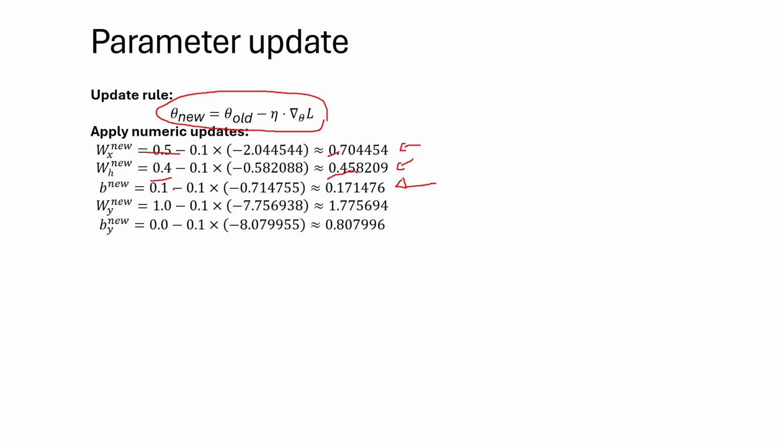The network is being pushed, so the output increases towards 5, because if we remember, the previous output was 0.9, so we need to increase it to get to 5. So it's logical here that they will increase, not decrease, these parameters.